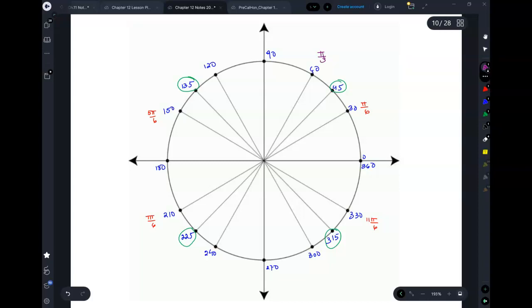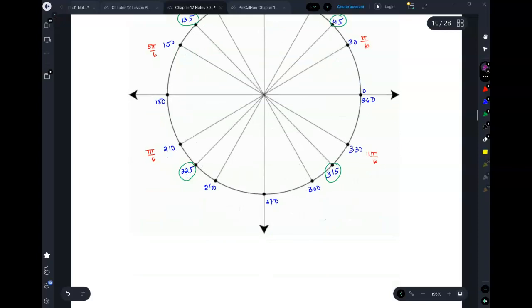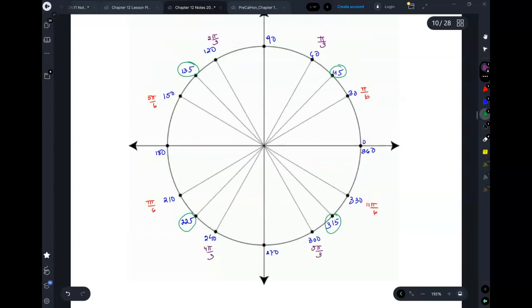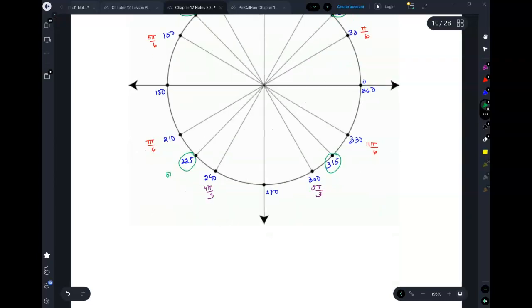I'm going to do all of the pi over 3. So 2 pi over 3, 4 pi over 3, right. So let's do the pi over 4s. 1 pi over 4. 5 pi over 4.